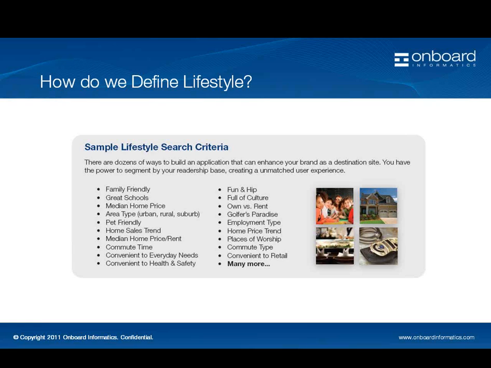The reason we created our own family-friendly, our own pet-friendly, our own commute time, is that there are other lifestyle segments that you might hear about, but they're geared more toward marketing segmentation. So some of the things that go into them aren't necessarily the same things that would matter to somebody searching for a home. Here's just a sample.